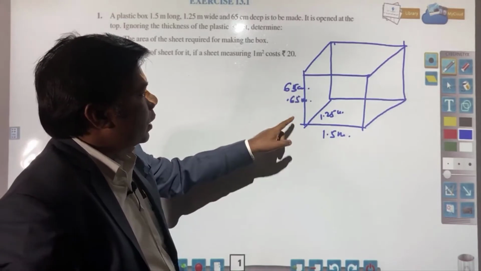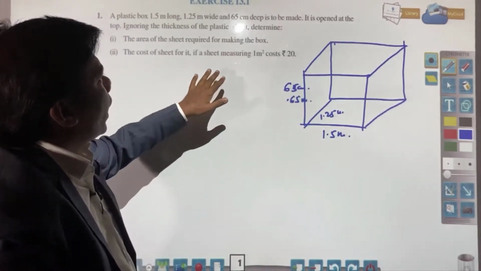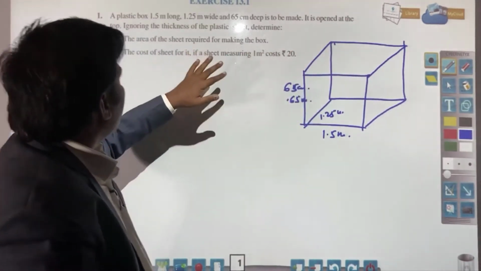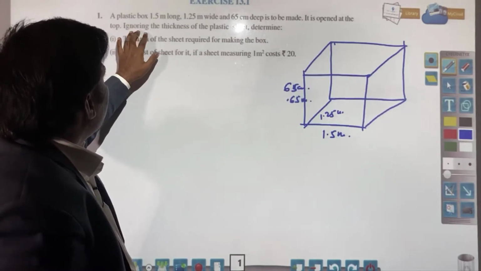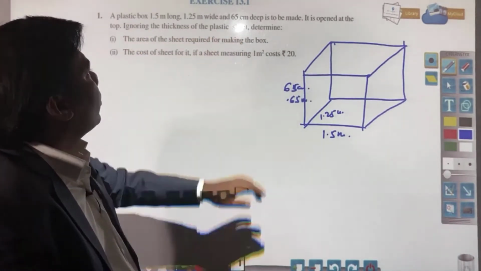This has been given and it is open at the top. At the top it is open, so that is not required to be taken. Ignoring the thickness of the plastic sheet, determine the area of the sheet required for making the box.